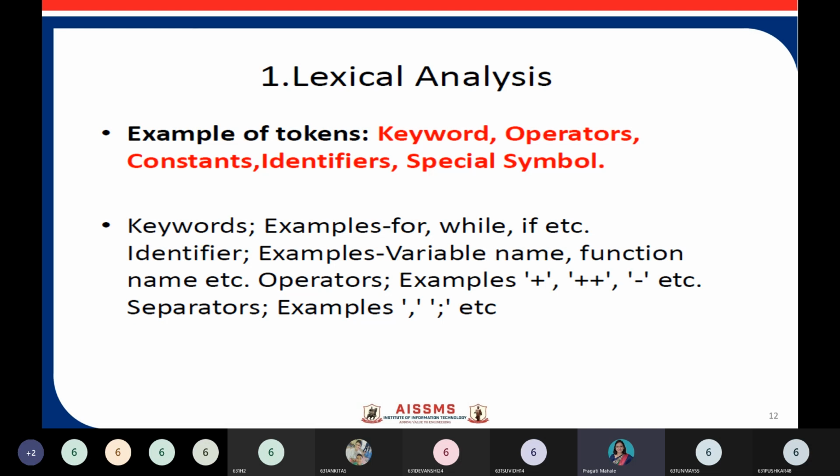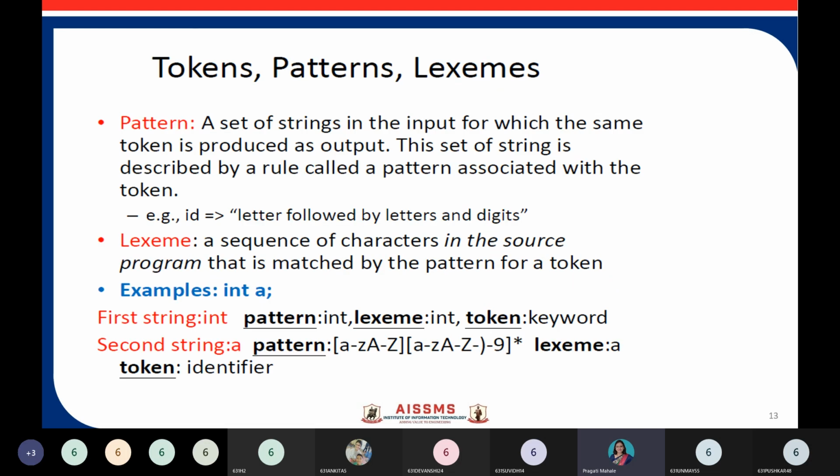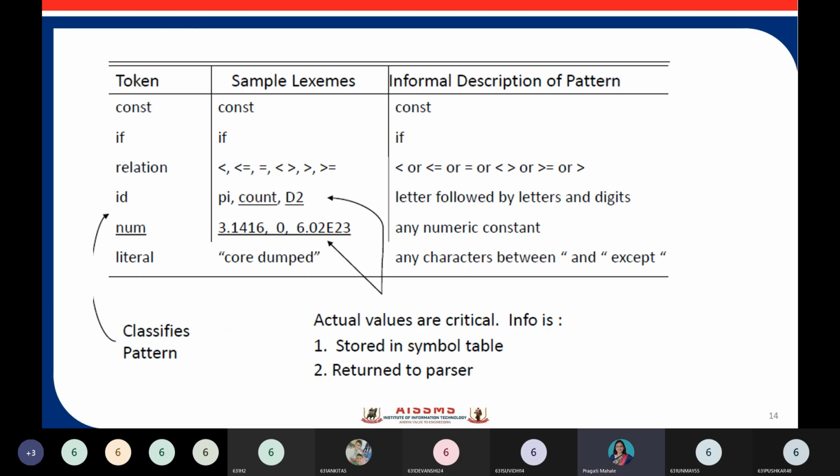So when you talk about tokens, the keywords, operators, constants, identifiers, and special symbols are all considered as tokens, whereas blank spaces, new line, tab, and comments are considered as non-tokens. I hope that tokens and non-tokens are very much clear to you, right?